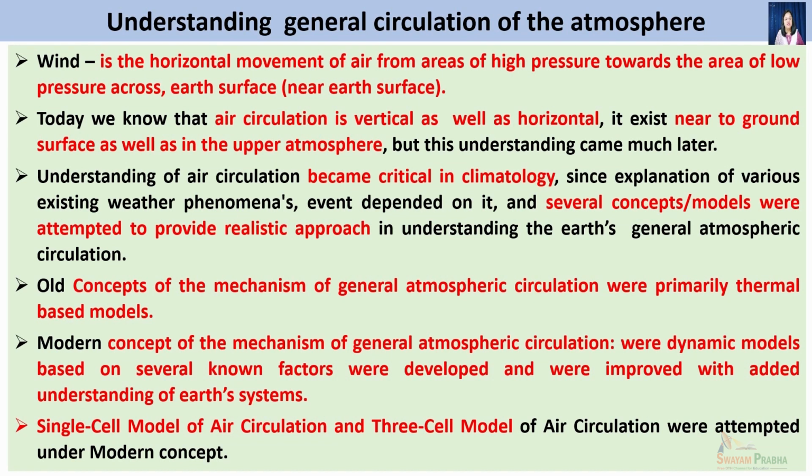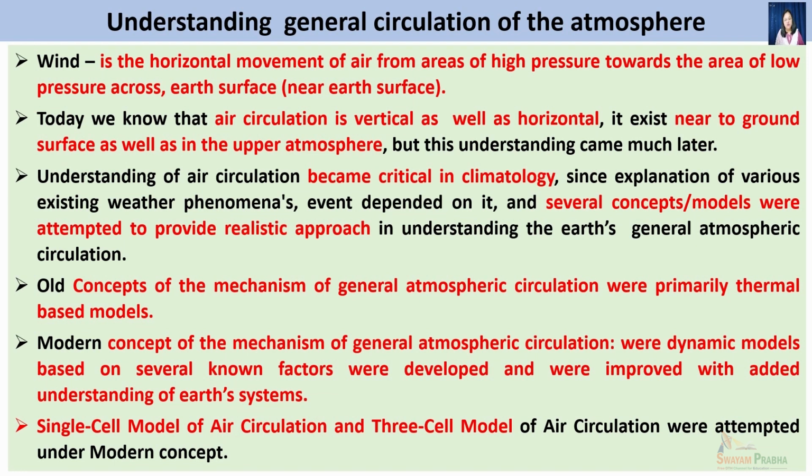So we have already discussed the horizontal movement of air near to Earth's surface in terms of planetary wind systems, which are based on high and low pressure belt systems across latitudes. So we have discussed the movement of trade winds, the equatorial westerlies, the westerlies in the temperate regions, then polar easterly wind systems in the higher polar latitudinal areas of the world.